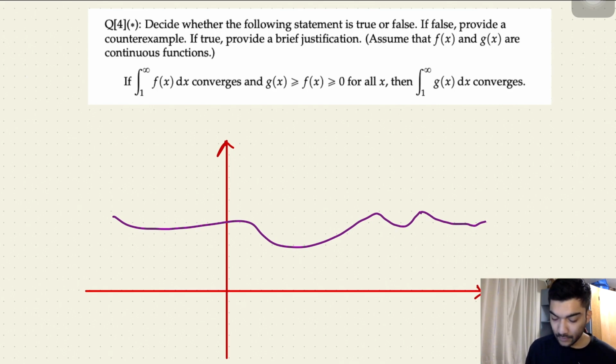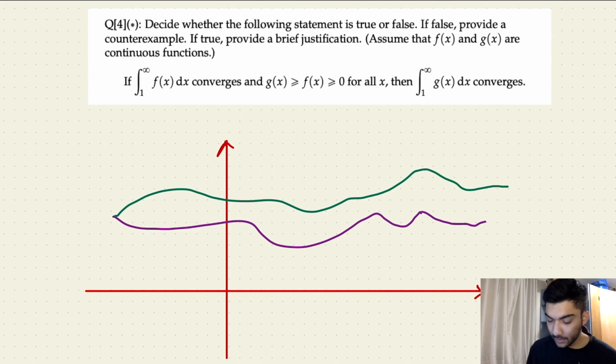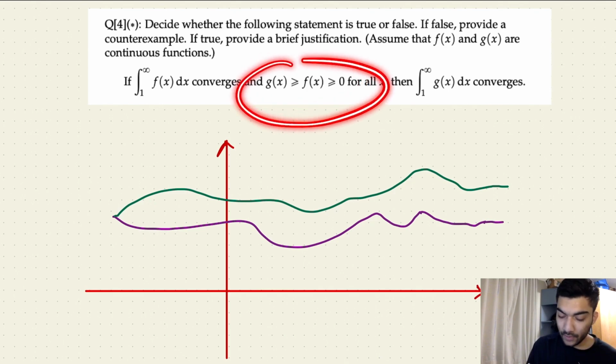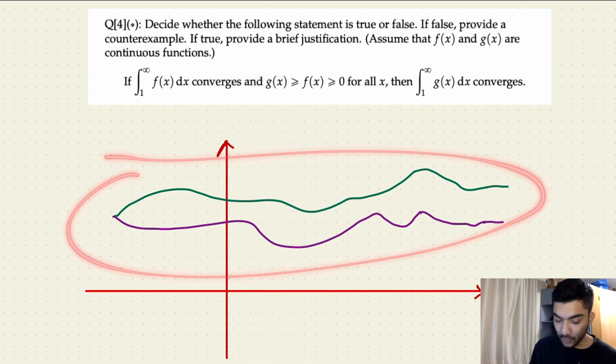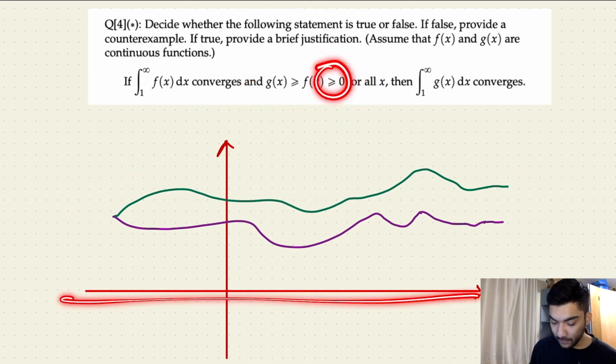Since we know that g of x is always greater than or equal to f of x, our g of x function will always be above the f of x function, right? So let's assume this is our g of x function. This curve is for f of x and this curve is for g of x, which satisfies the condition that g of x is greater than or equal to f of x and both graphs lie above the x-axis.